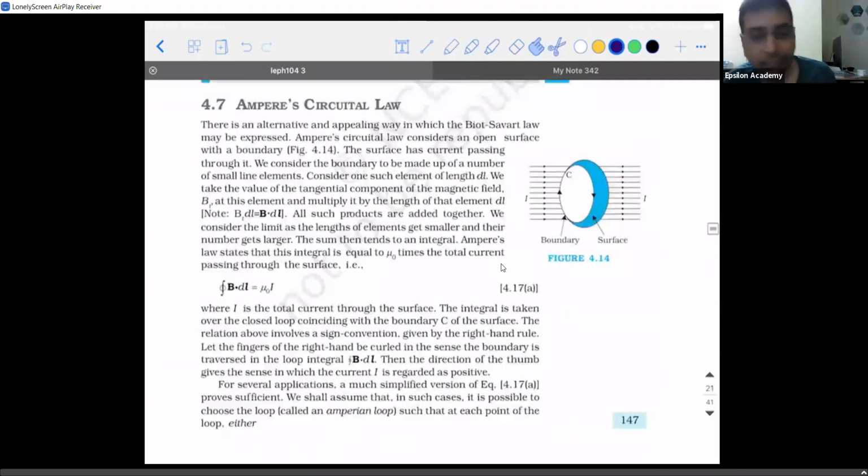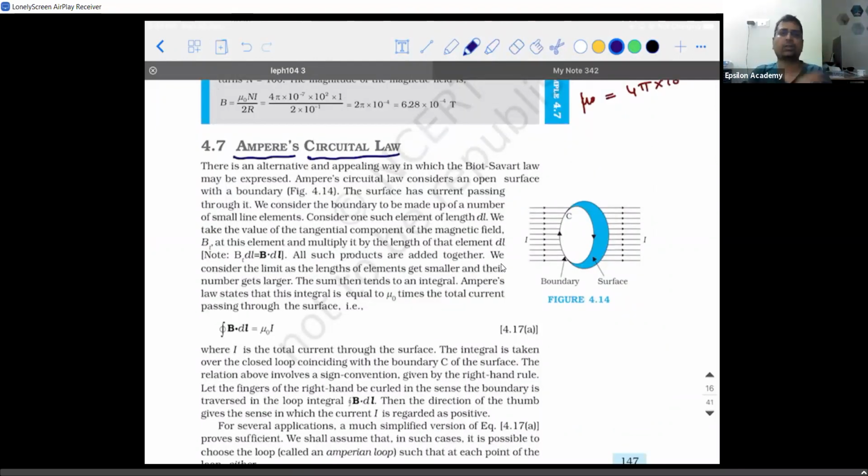So we would have seen Biot-Savart law. How did Biot-Savart law help us solve problems? So what is it mainly used for? We use Biot-Savart law to calculate the magnetic field due to a current carrying element at a given point.